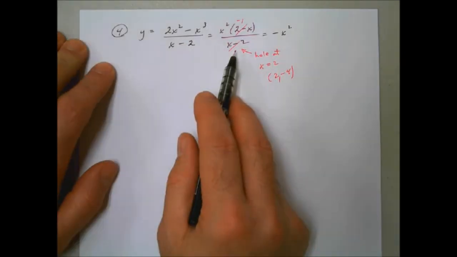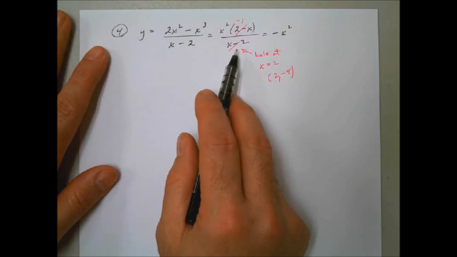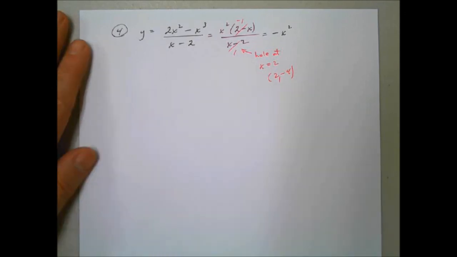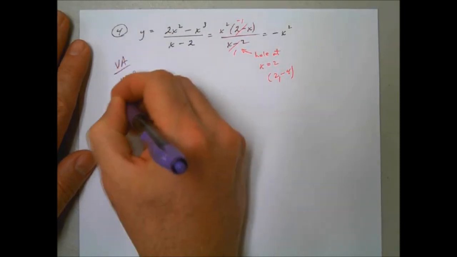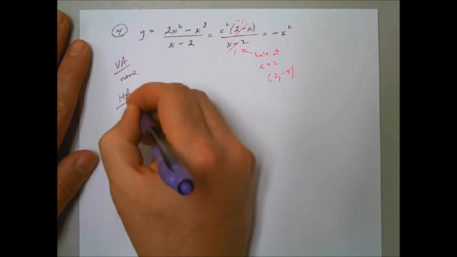Are there any x's left in the denominator? No. So no asymptotes at all. Vertical asymptotes, none. Horizontal asymptotes, none.